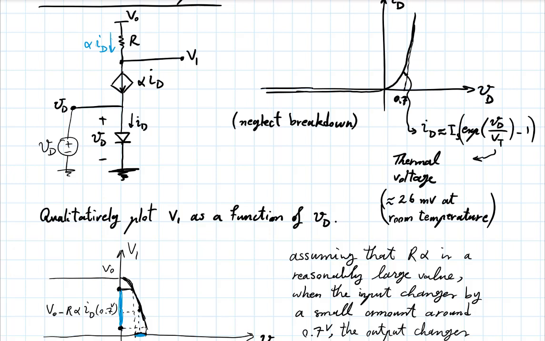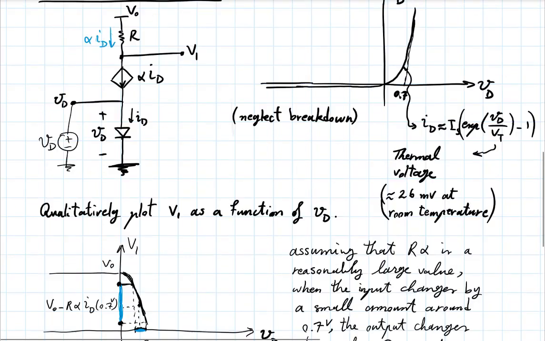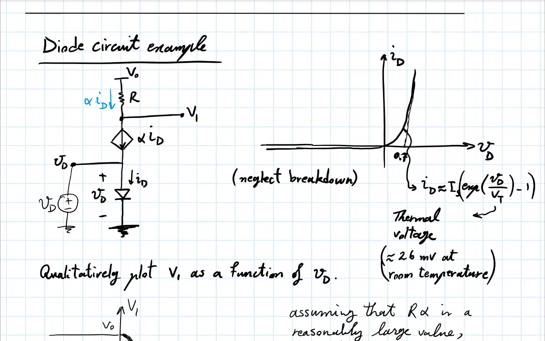By the way, pay special attention to what's happening on that current-controlled current source. Because on one side, its lower node is at voltage VD, right? If you look at the variations of VD in the range we are interested in, that's a small variation, somewhere around 0.6, 0.7 volts. On the other hand, V1, which is the top side of that current source, is varying greatly.